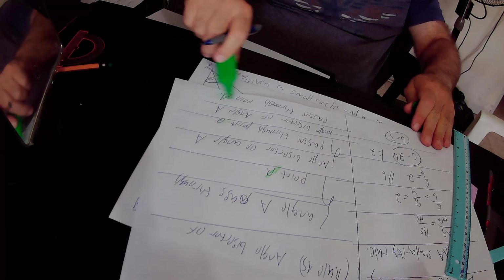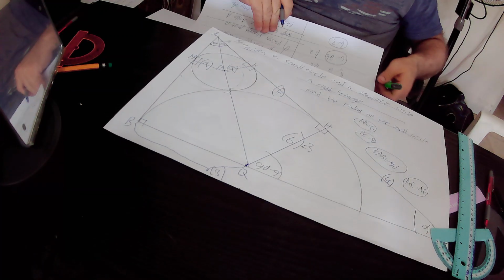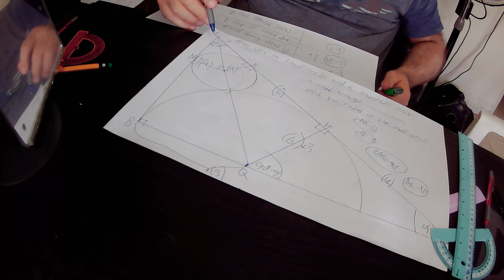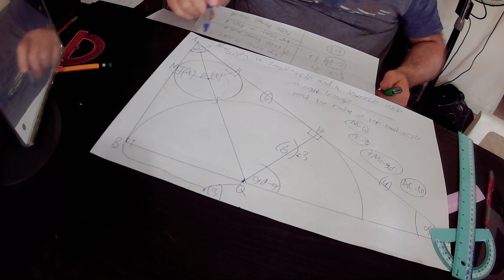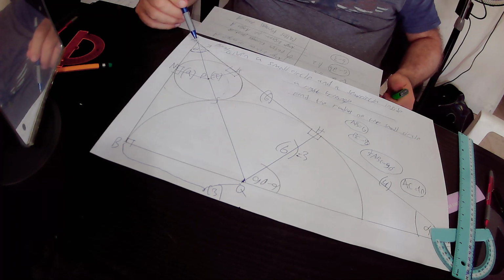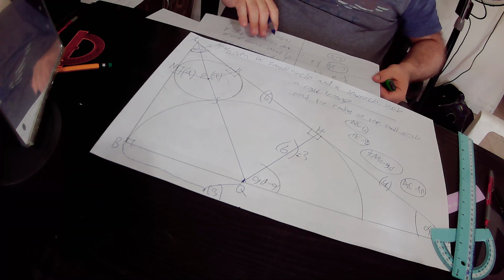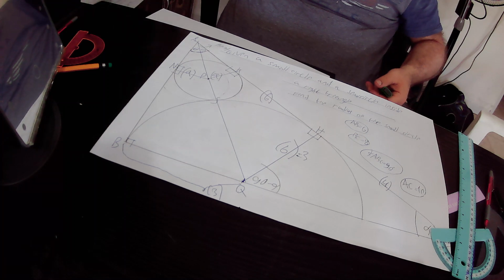So in conclusion, I know that the angle bisector of this angle A passes through points A, P, and Q. Again, the angle bisector of this angle A passes through points A, P, and Q. So write it down.